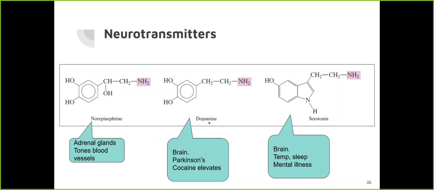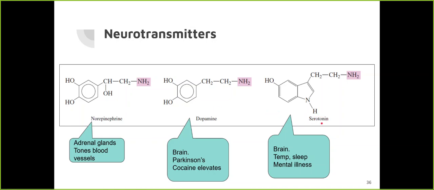Low levels of dopamine affect Parkinson's disease, and taking cocaine boosts dopamine, and that's why it's so addictive. You get a pleasure sensation with high levels of dopamine. And again, you've got this amino group here that's attached to a benzene ring with two hydroxy groups on it. This gives you dopamine.